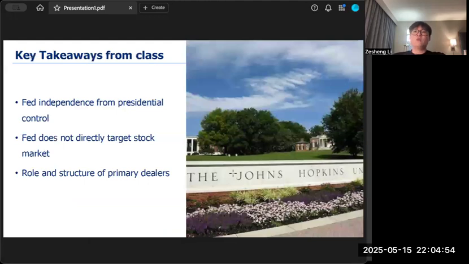So first, we examined how the Fed is independent, even though the president appoints its leaders. The Fed still sets policy free of political influence, and we also talked about how the Federal Reserve is separated into three different parts.